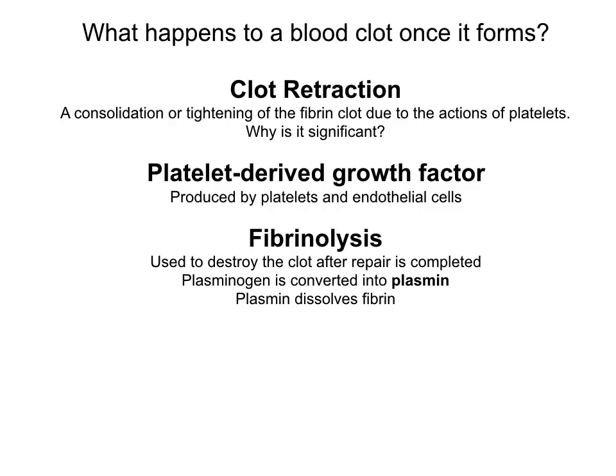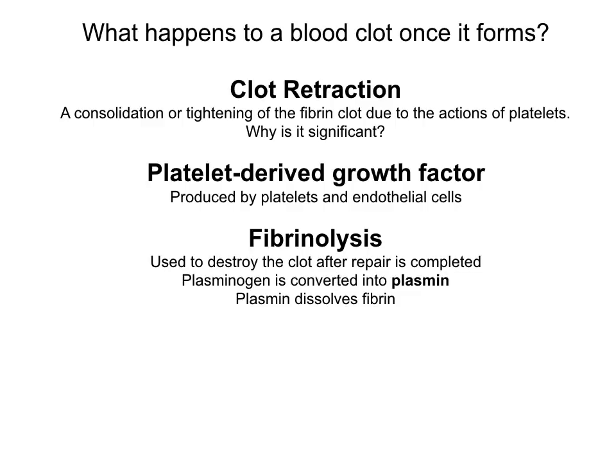Now, you don't keep your clot forever. The clot is going to have to be destroyed once repair is completed. To do this, we're going to undergo a process called fibrinolysis. Lysis means destruction, so we're going to start destroying our fibrin.